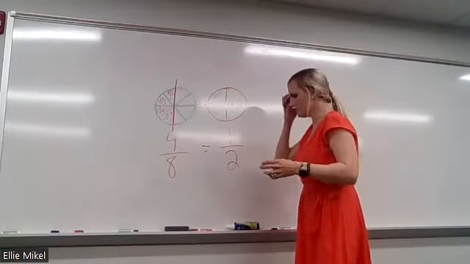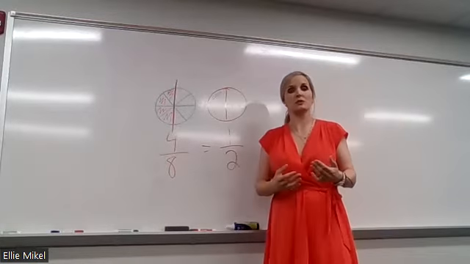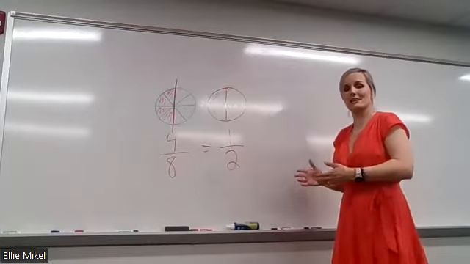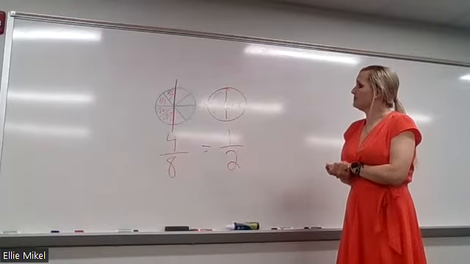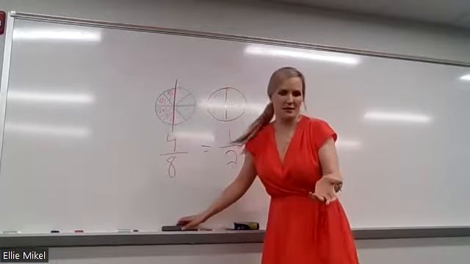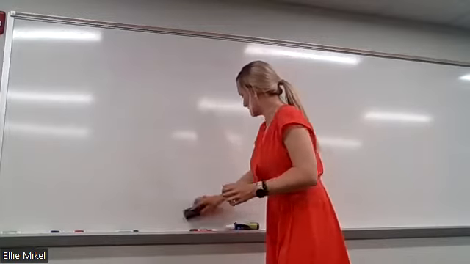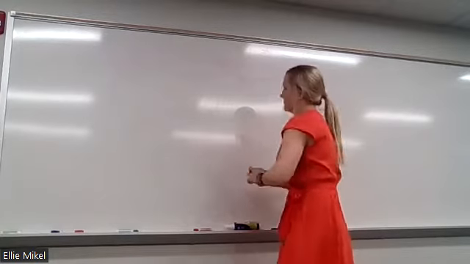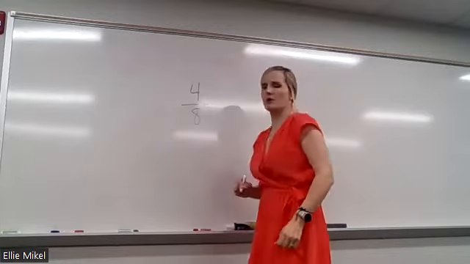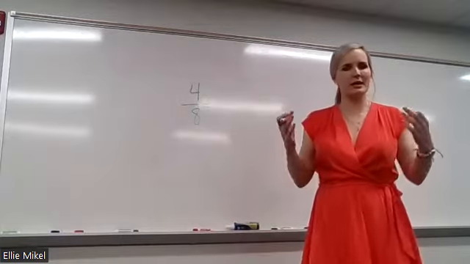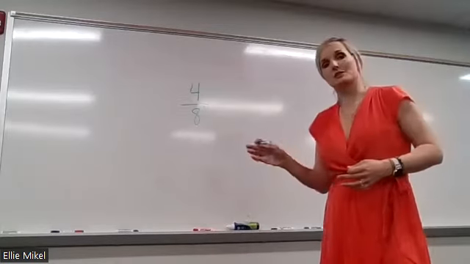So here's what happens when you're reducing fractions. This is what you're oftentimes going to want to do, because you're going to want to get that fraction to its simpler form, without having to draw pizzas every single time, of course. Let's take a look at that 4/8 again. If you get to the end of a fractions question, whether you're adding, subtracting, multiplying, or dividing, and this is the answer you get, you typically want to reduce it.